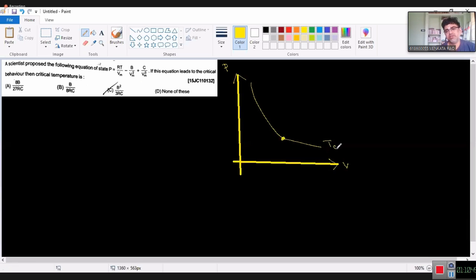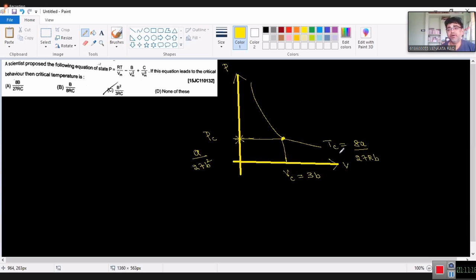And the temperature is the critical temperature, which is 8a by 27Rb. And this corresponding volume is the critical volume, which is 3b. And the corresponding pressure is called the critical pressure, which is a by 27b square. These are the critical constants.